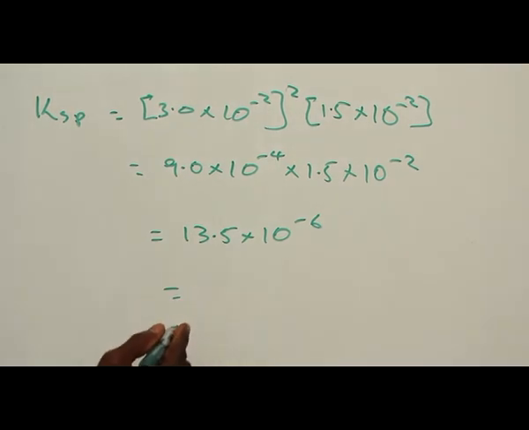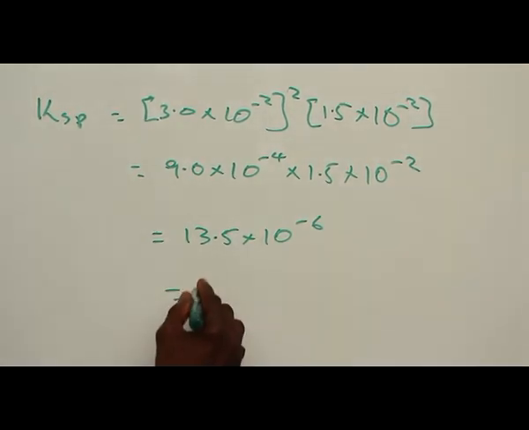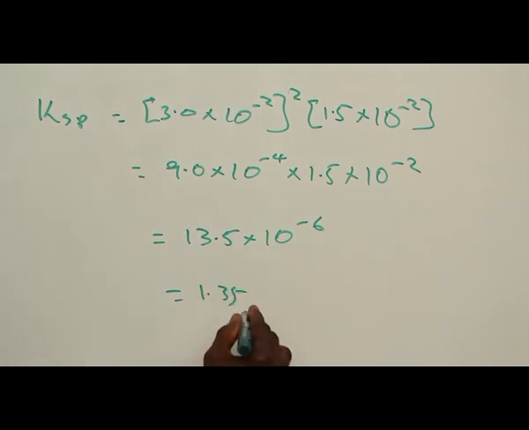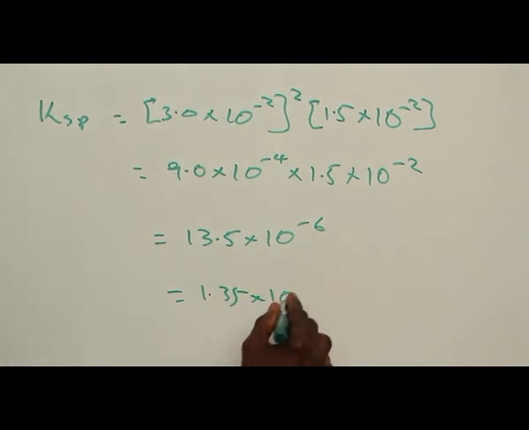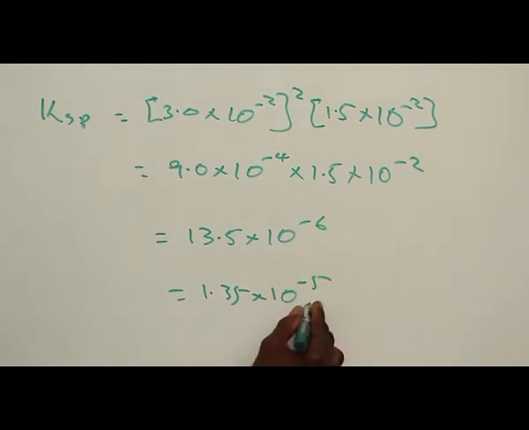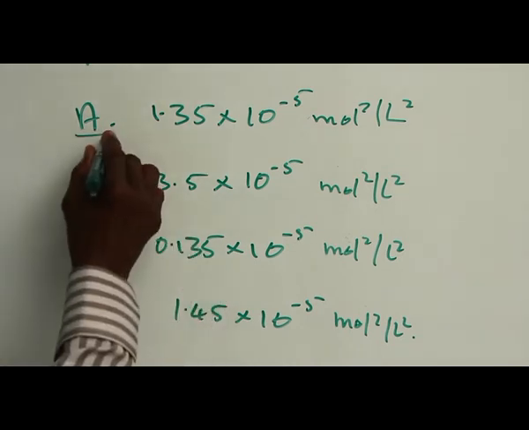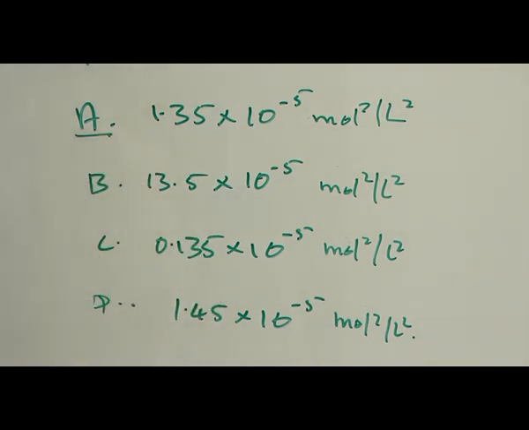And this can be written in standard form to give us 1.35 times 10 to the power minus 5, which is the correct answer. From the solution obtained on the board, the correct answer is A, 1.35 times 10 to the power minus 5.